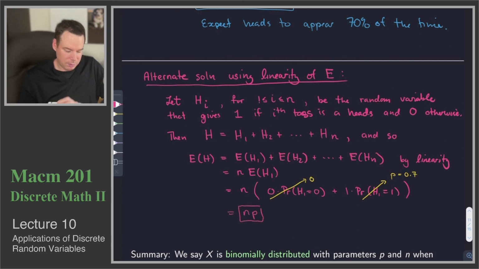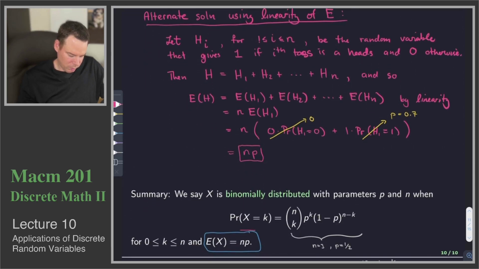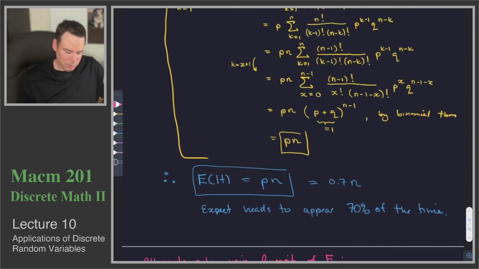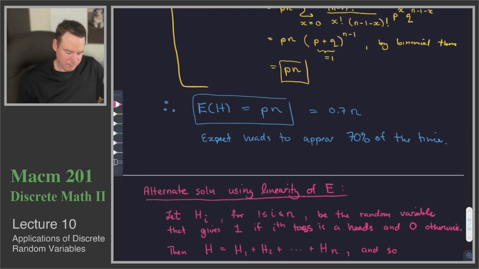So the expected number of heads we would get if we tossed the coin n times would be n times p. You can see that that's what we had below. We got this one using the formula for the expected value on h and getting this sum that we ended up having to find the binomial theorem in there somewhere.